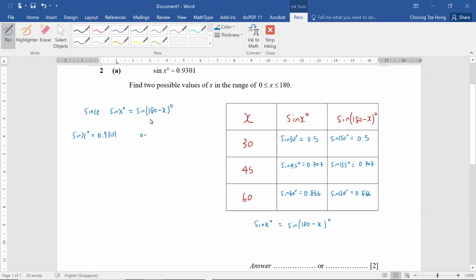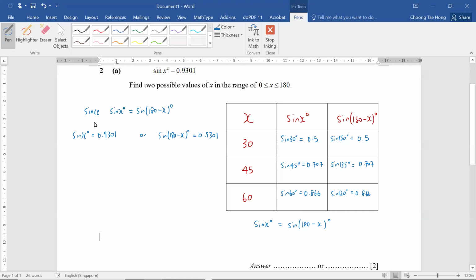Because since sine x is equals to sine 180 minus x, we can then write this also. So since sine x degrees is equal to sine 180 minus x degrees, and the question gives us that sine x degrees is 0.9301, it's perfectly fine to now write sine 180 minus x degrees equals to 0.9301.